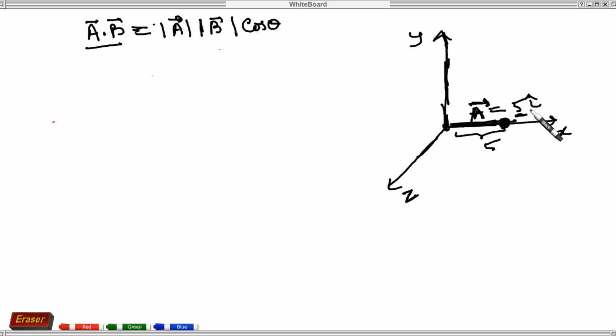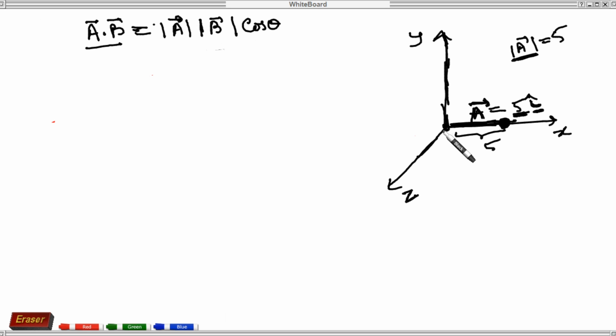So what is this 5? This 5 shows that the modulus of A is equal to 5. What does modulus mean? The magnitude. And what is this i? The unit vector along the x-axis. That means it shows the direction. So this is magnitude, this is direction. Remember it.